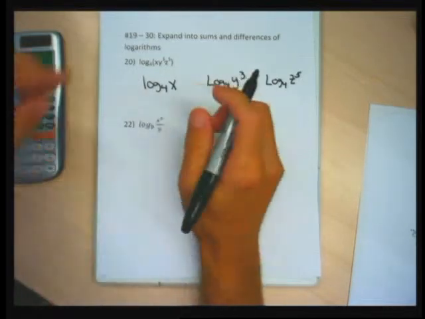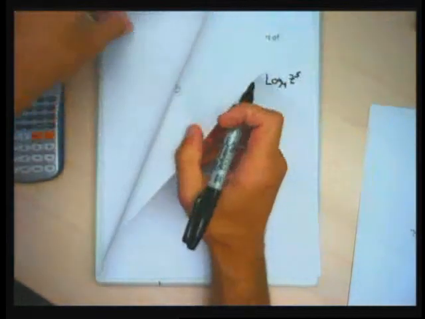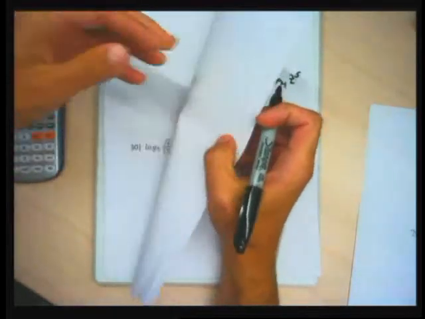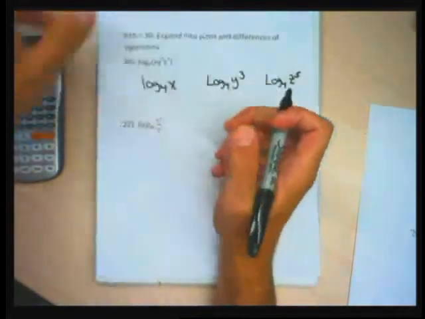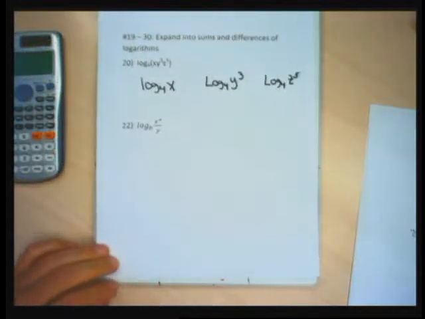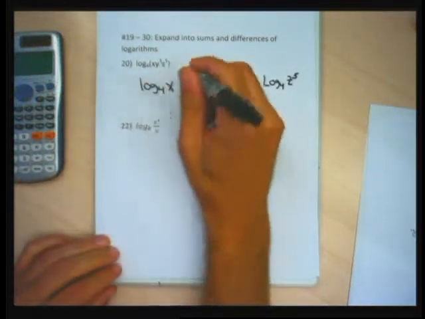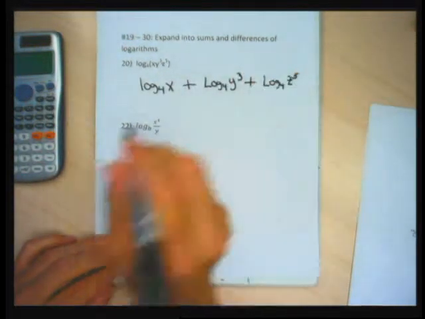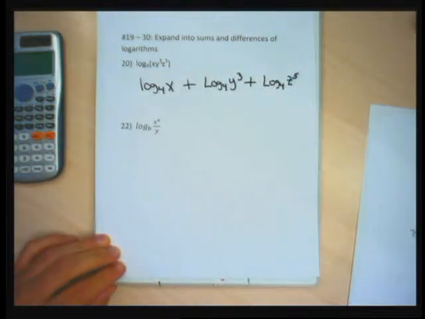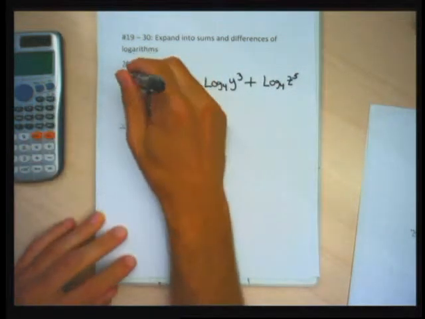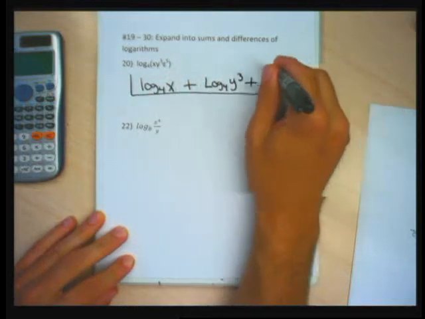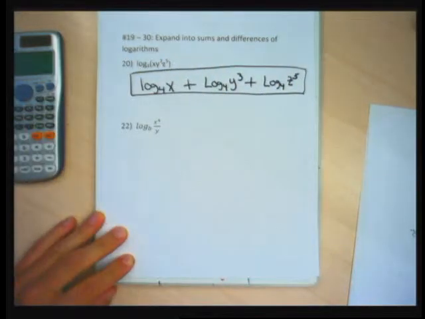And so I've just done that, and I need signs between my logarithms because there aren't any fractions. I don't put any minus signs. This is correct, especially based on the instructions. This is definitely, I've expanded this to a sum of logs.